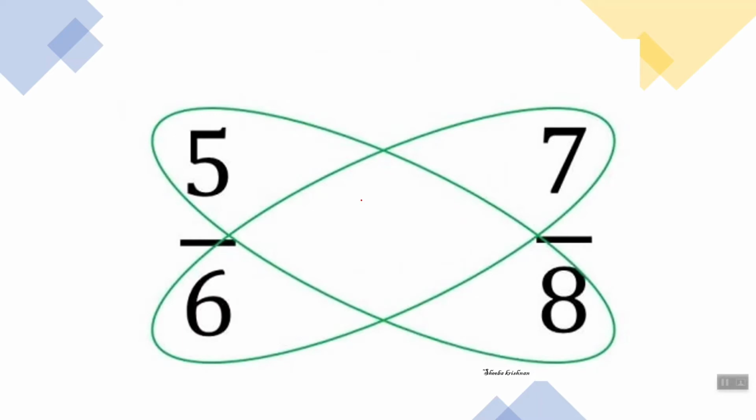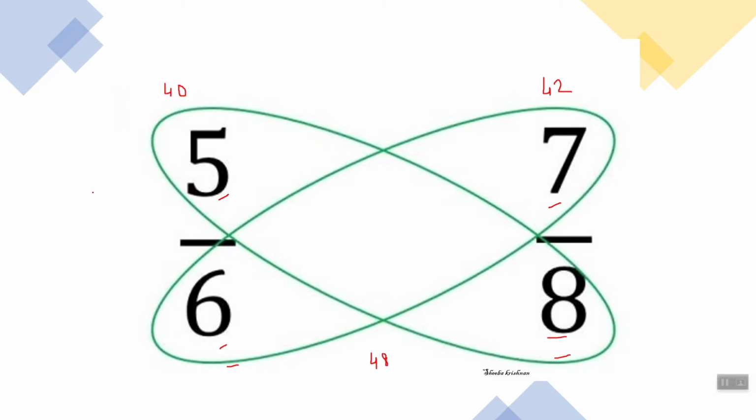Let us take another example. 5 by 6 and 7 by 8. Here we will multiply 5 and 8. 5 times 8 is 40. And then we will multiply 6 and 7. 6 times 7 is 42. Then we will multiply the denominators 6 and 8. 6 times 8 is 48.